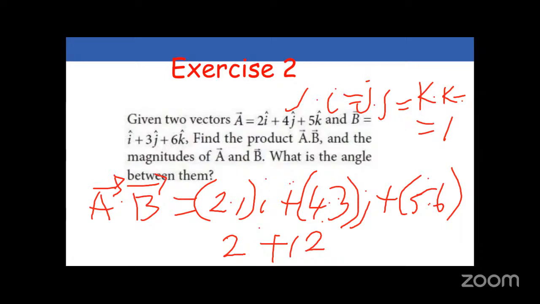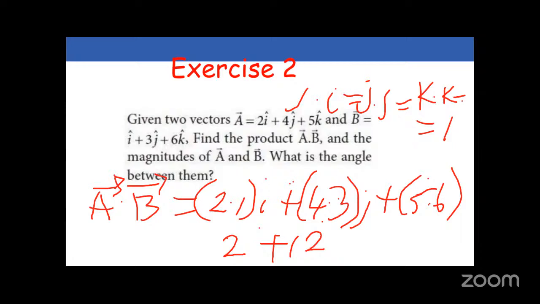So when I multiply 2i dot 1i, the numbers multiply themselves, so the number is 2, and i dot i gives you 1. So that is why we have 2.